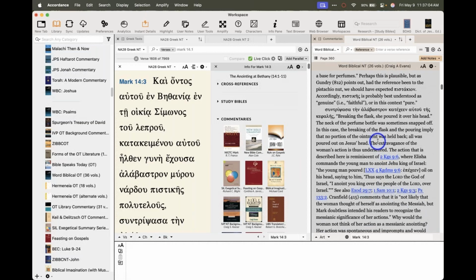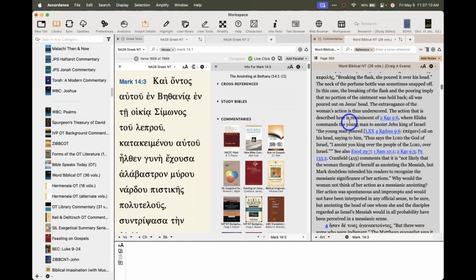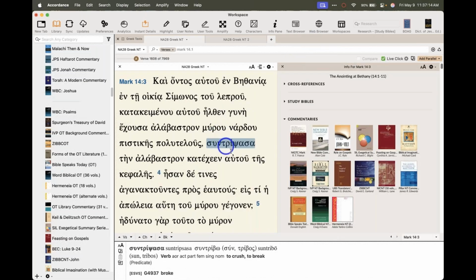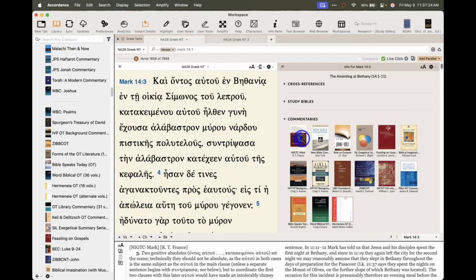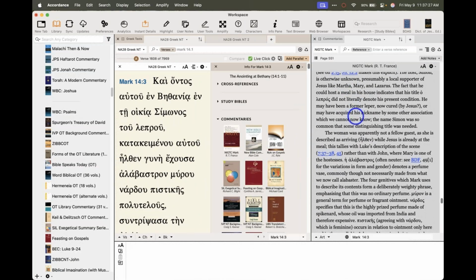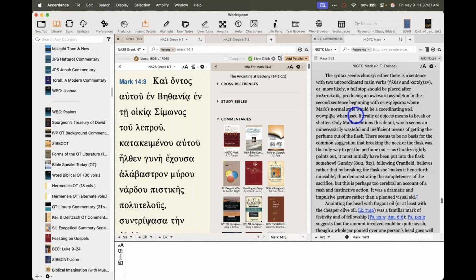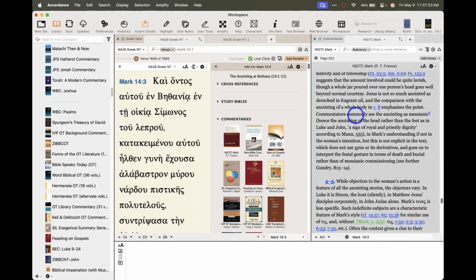Let's see. Yeah, here we go. So "breaking the flask, she poured it over his head," but that's not going to speak to the autou there, because we just get "poured it autou tes kephales." We don't get a preposition in here. Let's see if France has anything. He may not. Oh, he's got a lot here though.